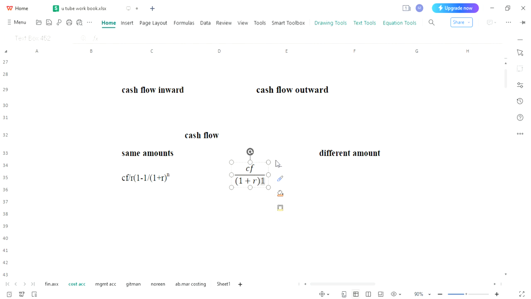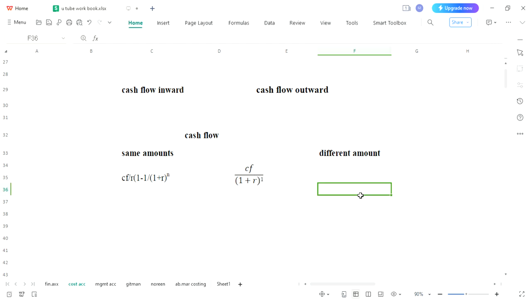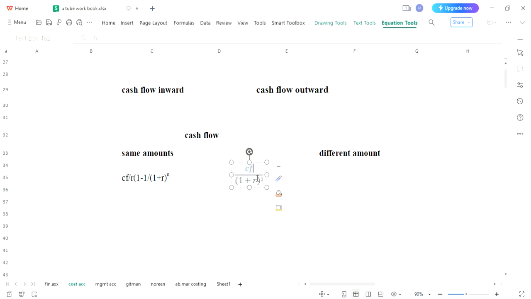Again, formatting is needed. Let's make it superscript. I'm sure that you have learned how to make it. So for the first installment, you do have this value. Let's take it over here.